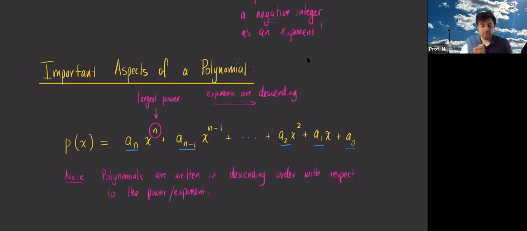Okay, so the highest power, the largest power, has a very specific name, and that name is called the degree. So the degree of a polynomial is the largest power. And that's one thing we always want to be able to spot and identify, because it'll give us a lot of information about the graph of the polynomial. So the degree is the highest power.